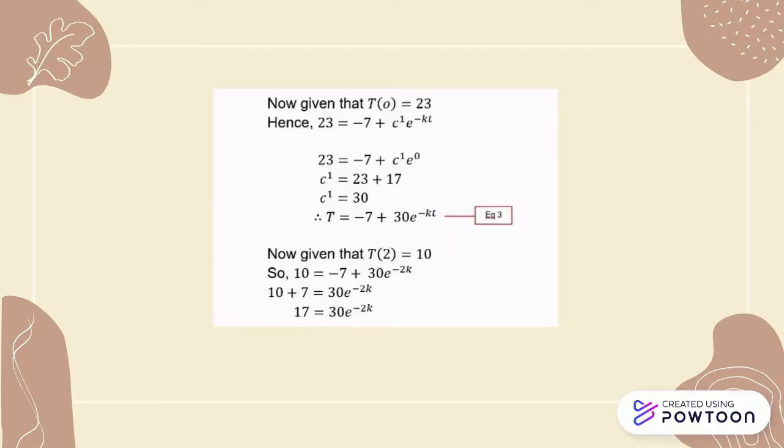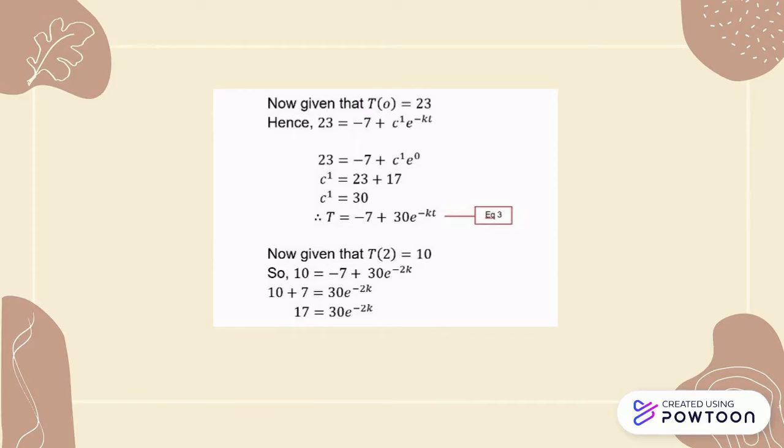Now, given that T0 is equal to 23, we put 23 = -7 + Ce^(-kt). Then we insert t equal to 0, and we will get the exponent to the power of 0, which is equal to 1.